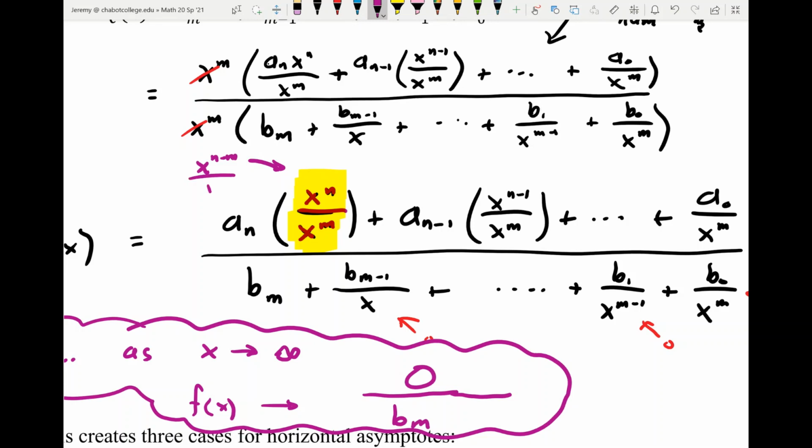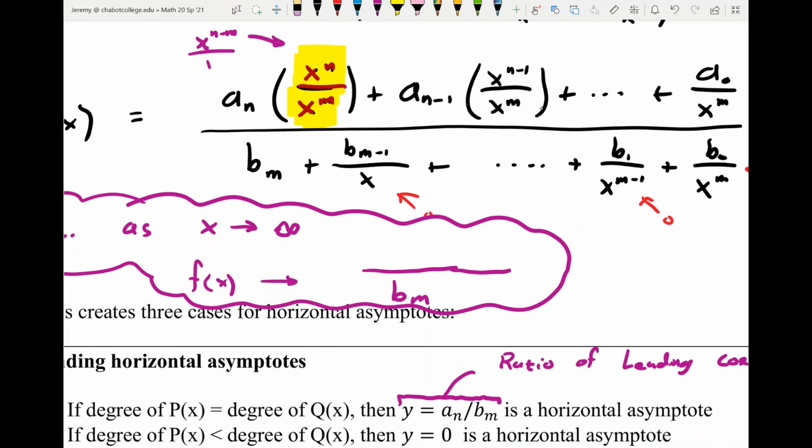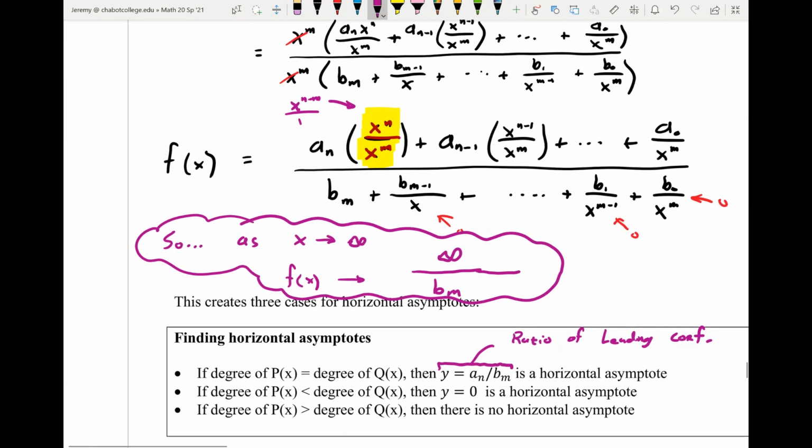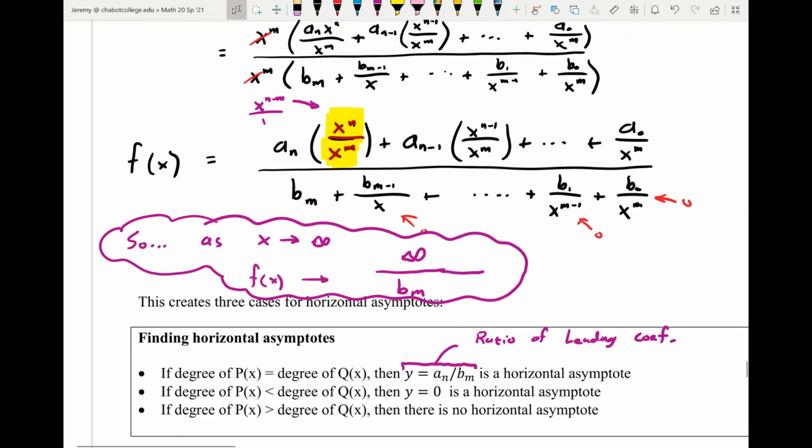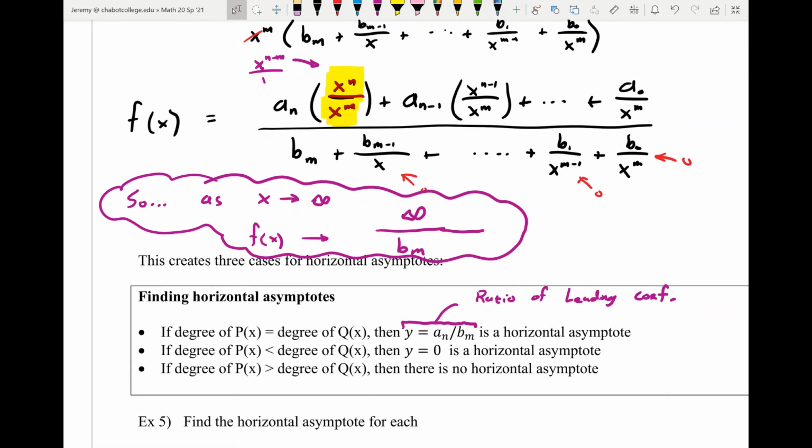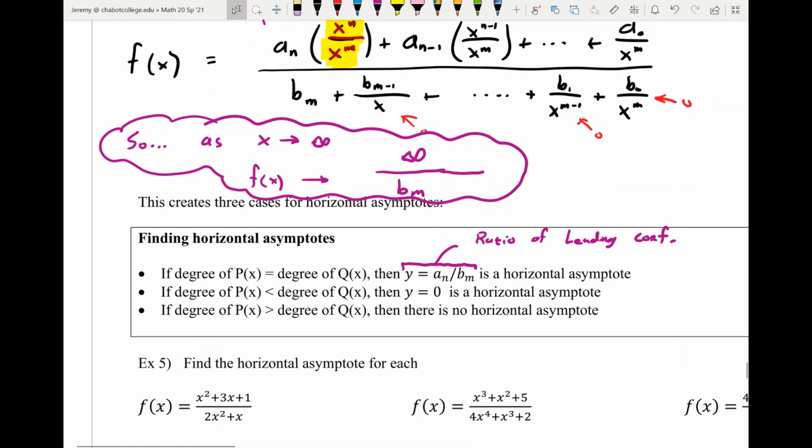And as x goes to positive infinity, that's going to shoot off to positive infinity. So that's why we're going to have infinity right here. And if it shoots off to infinity, that means there's not going to be any horizontal asymptote. So that's where case 3 comes from. If the degree of the numerator is more than the degree of the denominator, then there is no horizontal asymptote.